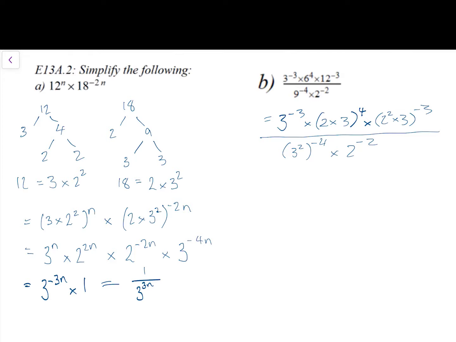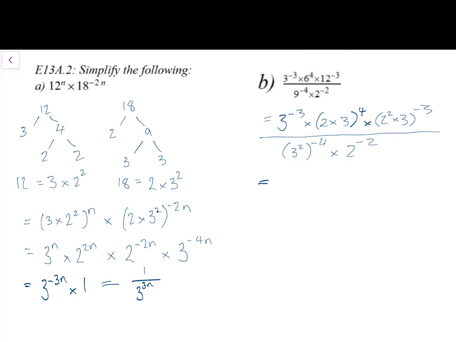So we've used this method of prime decomposition so that we can actually combine these terms. We can simplify it further. We have the same bases, therefore we can use the index laws.